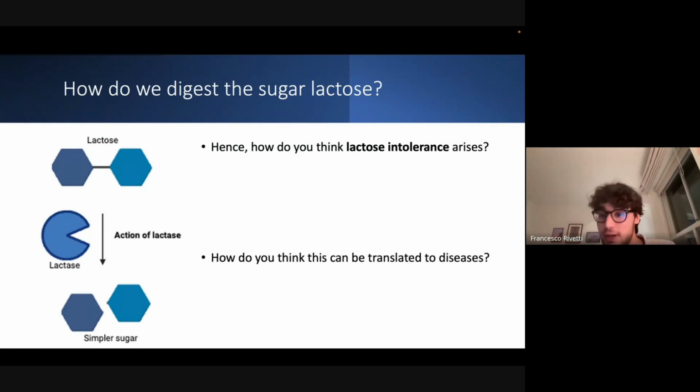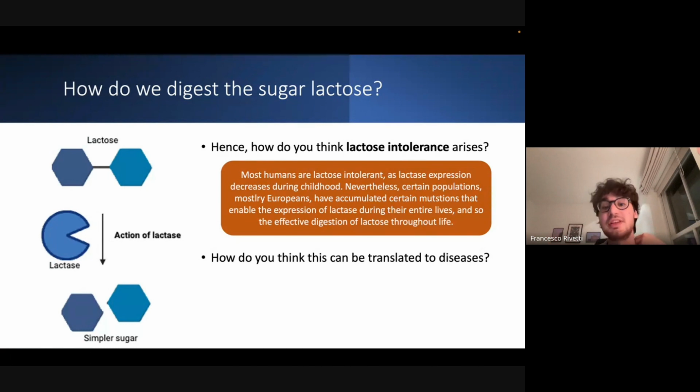But most humans lose the ability to produce the enzyme after they're 2, 3, 4 years old. But depending on environment and ethnic makeup, this can be different.